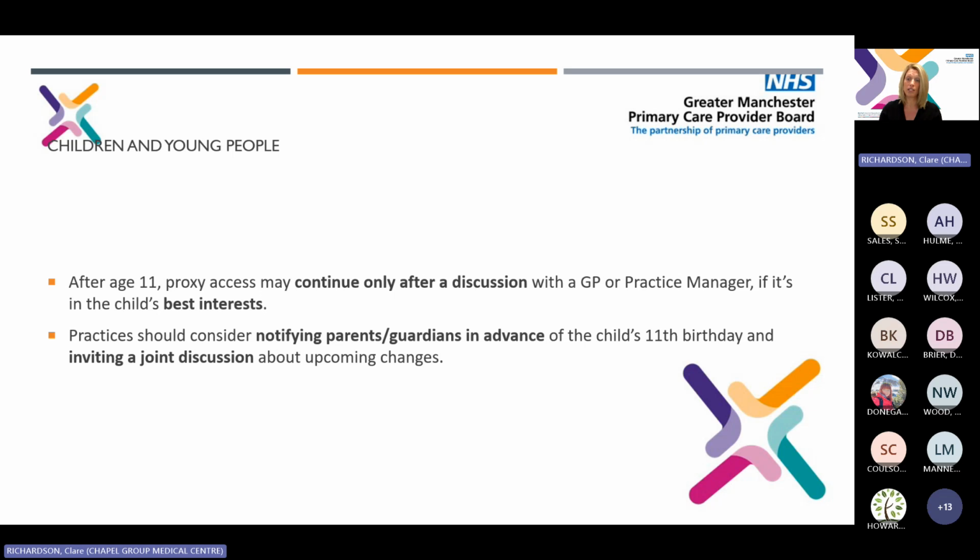A practice may want to contact parents or guardians who have proxy access to a child who is approaching the 11th birthday, and just remind them about what they need to do. The best thing we do is a search. We then invite the parents and the child in and have that conversation with them before it's actually withdrawn. It just stops lots of problems going forward, but every practice is different in how they deal with it.